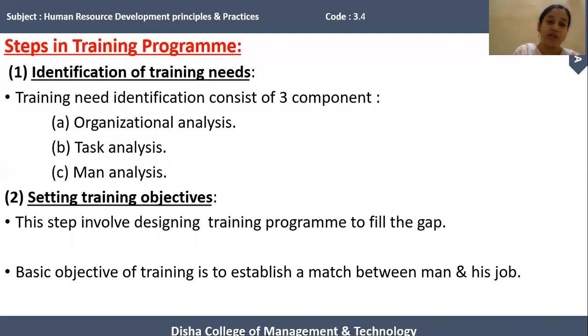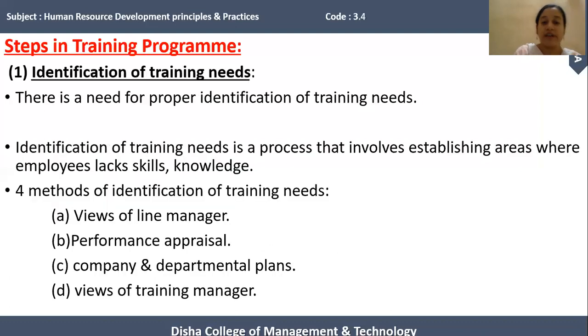The first step in a training program is the identification of training needs. When the organization takes various steps to arrange a training program for the human resources, it starts with identification of training needs.